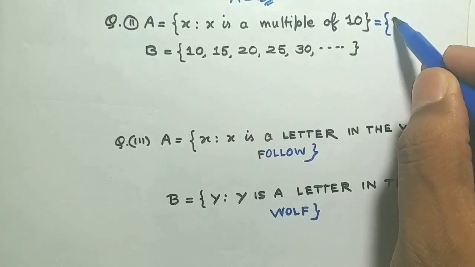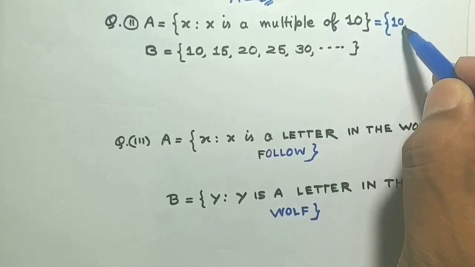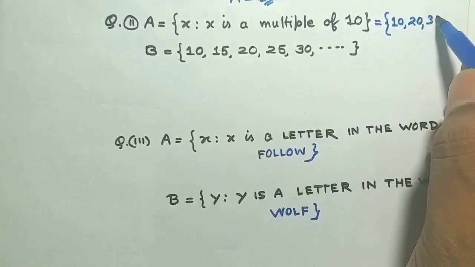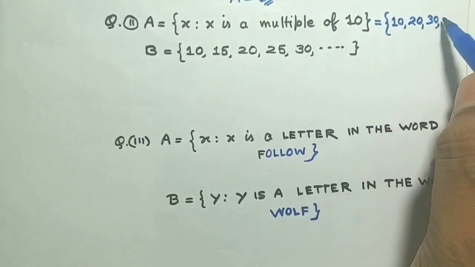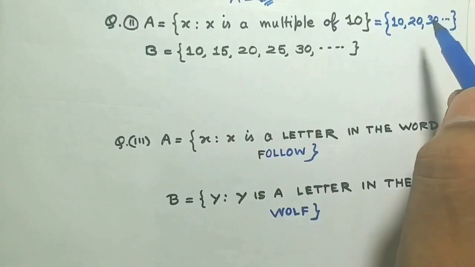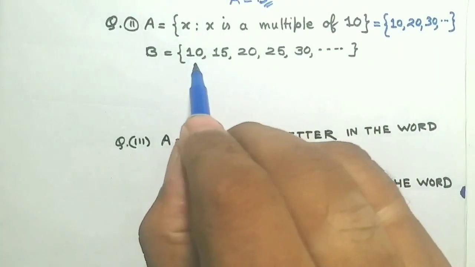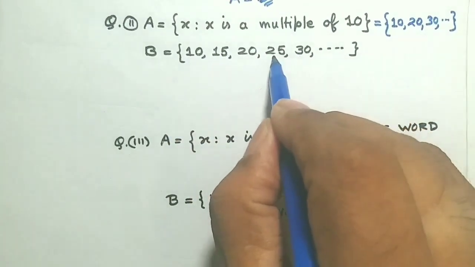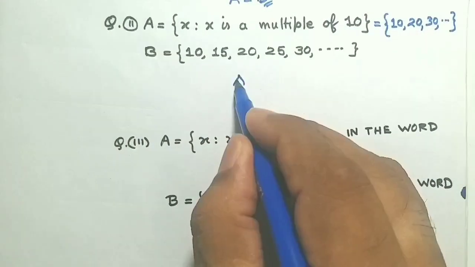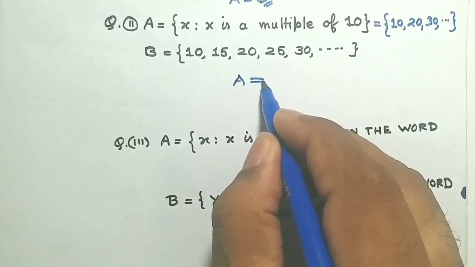That means the first number will be 10, then 20, then 30, and so on, up to infinity. Observing B, we get 10, 20 and 30 along with 25 and 15. So A is not equal to B.